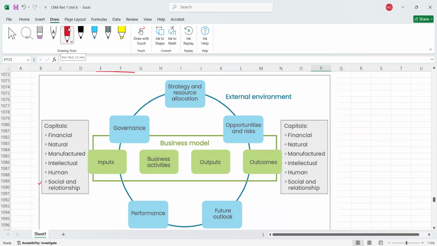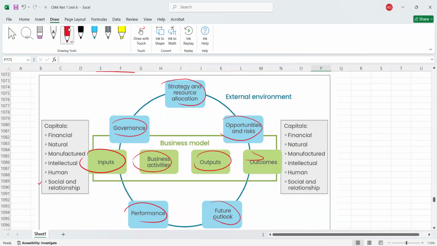But as per the integrated reporting framework, they are saying at least these sections should be there in the integrated report: strategy and resource allocation, one section about governance, one about opportunities and risk, one about future outlook, and one section on performance. So these are the 6 essential sections that must be included in an integrated report.